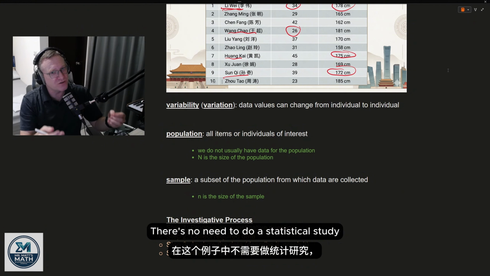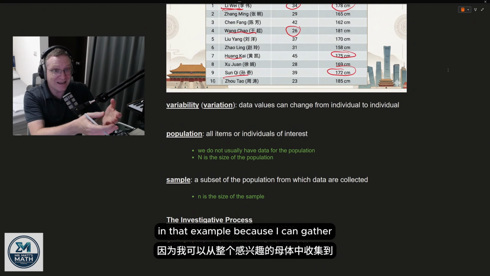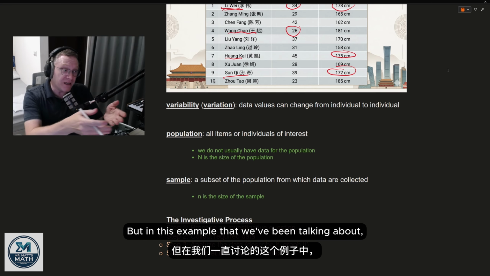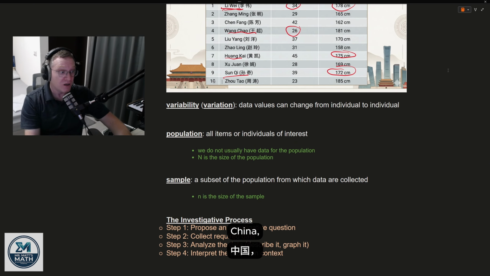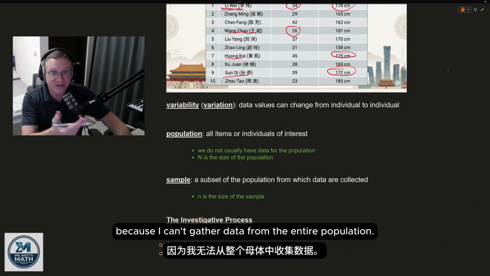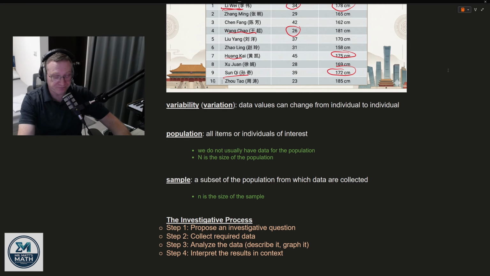There's no need to do a statistical study in that example because I can gather data from the entire population of interest. But in this example that we've been talking about, where our population is all of the adult residents in Beijing, China, well, that's different. I can't answer that question completely because I can't gather data from the entire population. In that case, we need to do a statistical study.